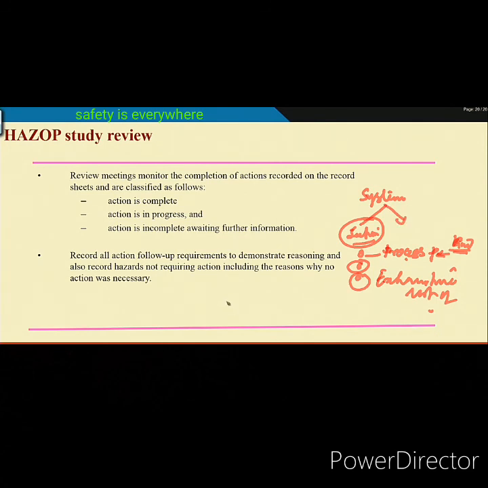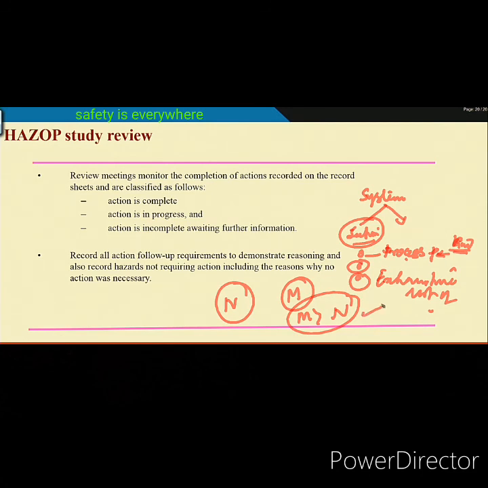So, that means there will be maybe a big n number of study nodes. On an average, for every study node there will be different deviations. So, there will be a capital M number of total deviations, where M is definitely more than n. Okay.